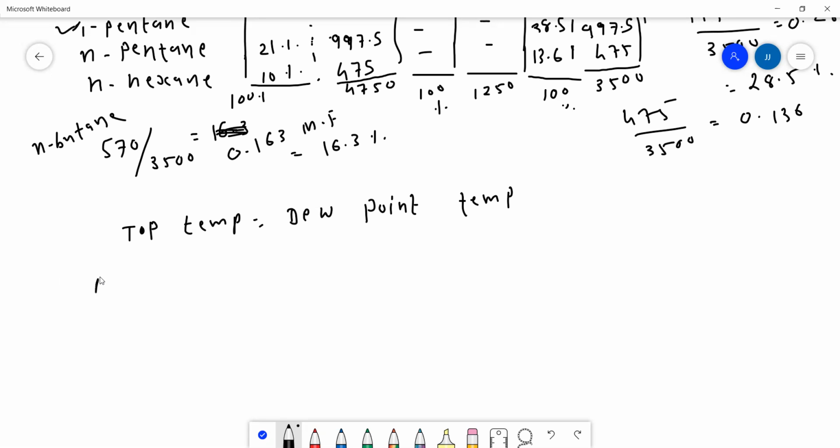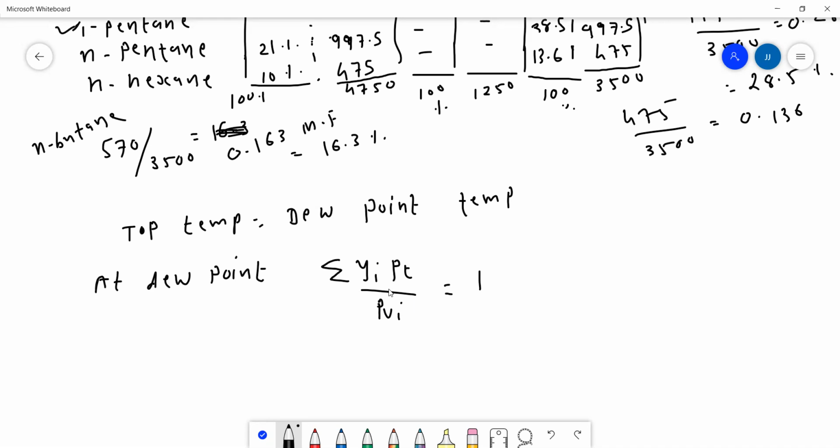And at dew point, we know that the summation of yi, that is yi into Pt divided by P into vi, is equal to 1. That I think you already studied in thermodynamics.